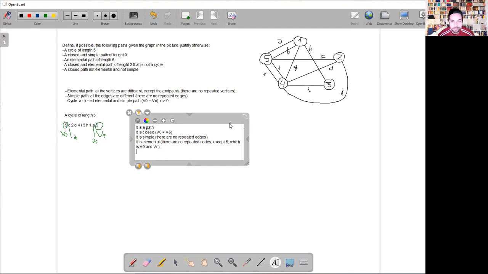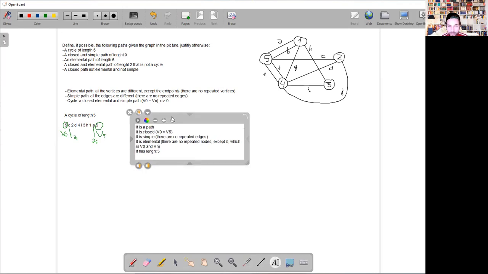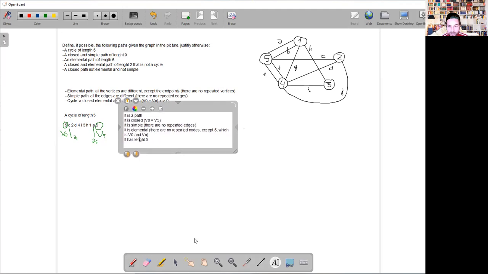And it is simple, it is elemental, and it has length 5, because we have 5 edges. So more or less we have proved that this is a cycle of length 5, because it meets all of these criteria.